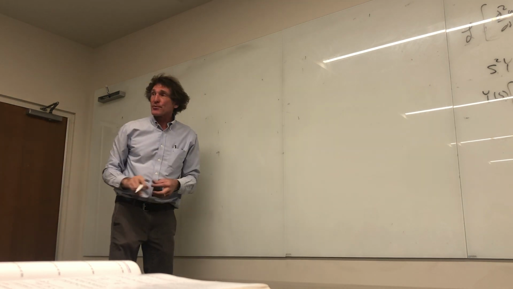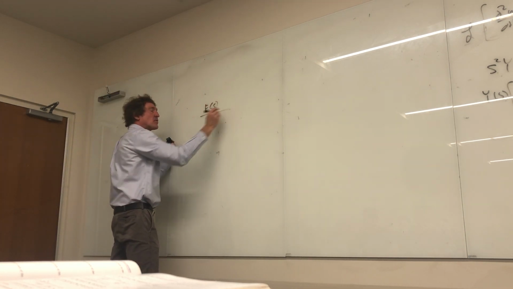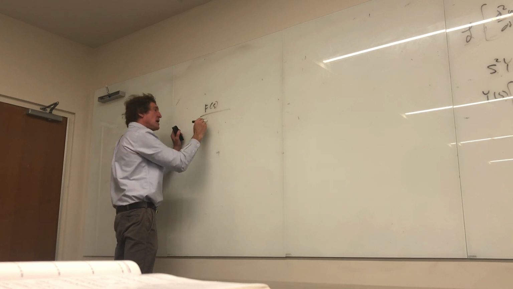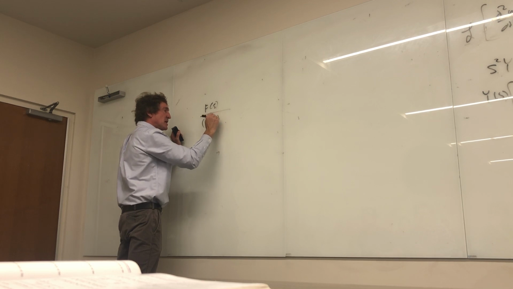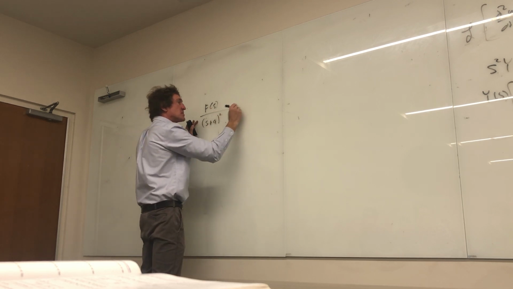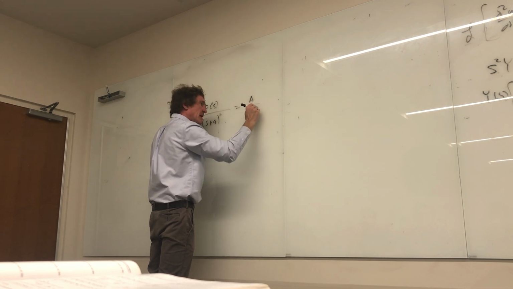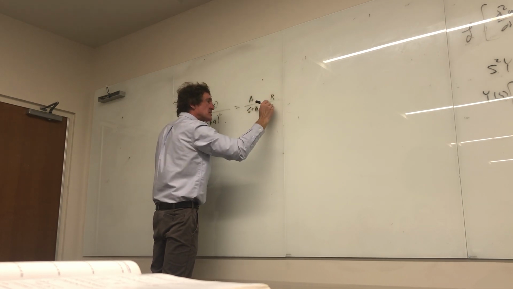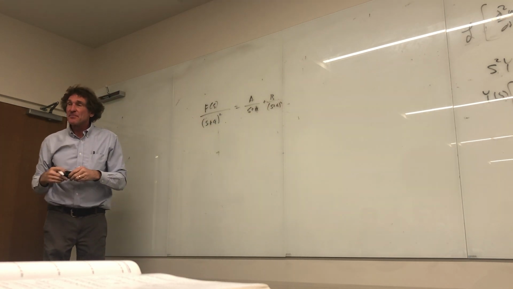Here's the way you would probably get it. If you had a function F of s over a higher order pole, (s plus a) squared, equal to some constant A over (s plus a) plus B over (s plus a) squared, what you probably did is this.